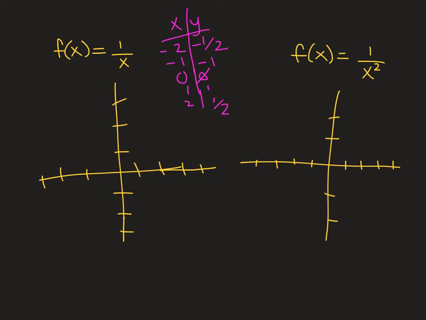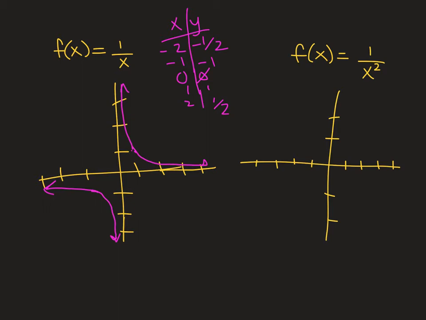So I want you to know that we have a point at 1, 1, and we have a point at negative 1, negative 1. The other thing that's important is I want you to realize that when x equals 0, our graph is undefined. So it's going to kind of go like this. So this is the way my graph looks.